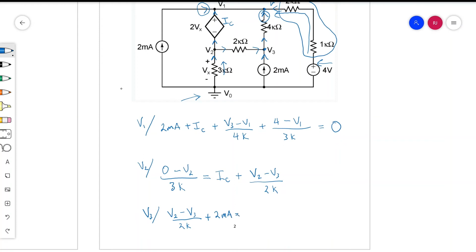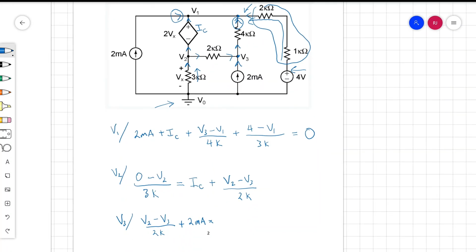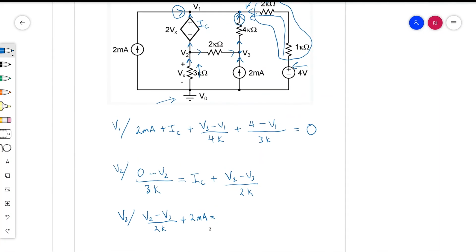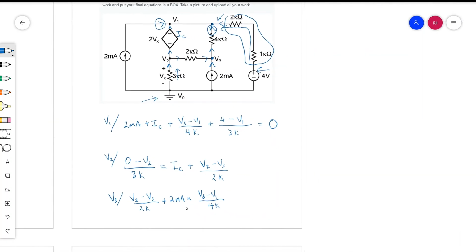Coming out of that node is the current that goes through the 4 kilo ohm resistor from bottom to top. And you can characterize that as V3 minus V1, which are the two voltages that surround that resistor, and then you have the 4 kilo ohm resistor itself. So now we have three equations and 4 unknowns. The fourth unknown in this case is this IC.